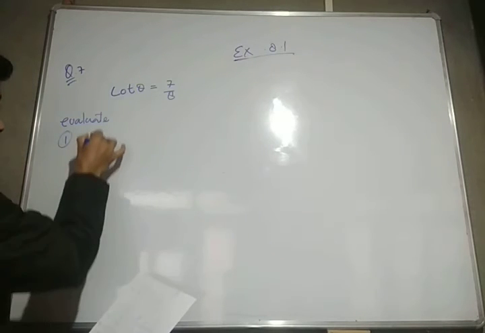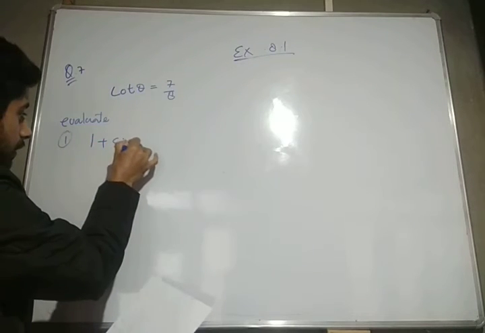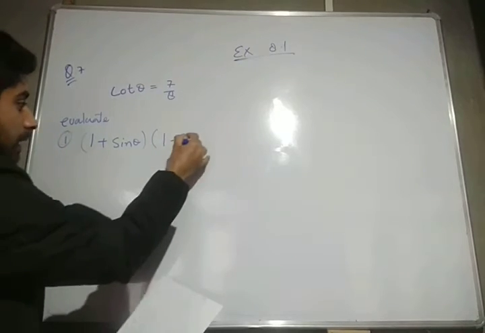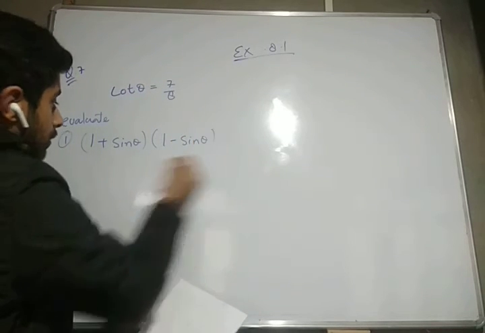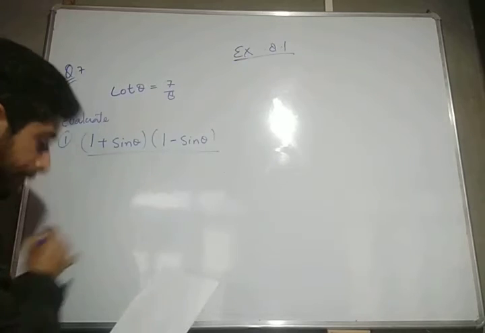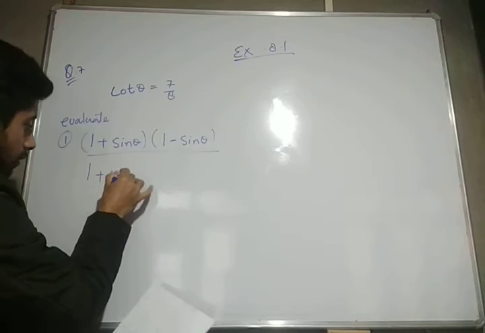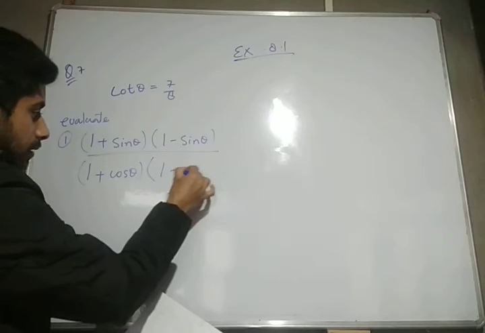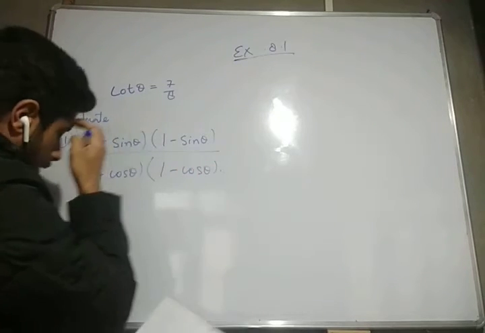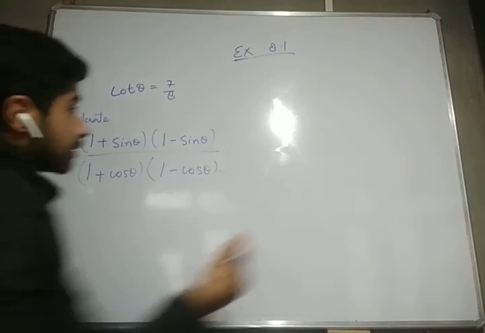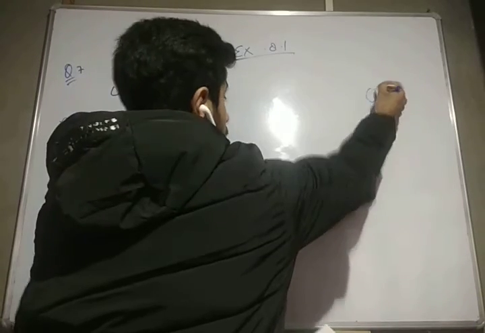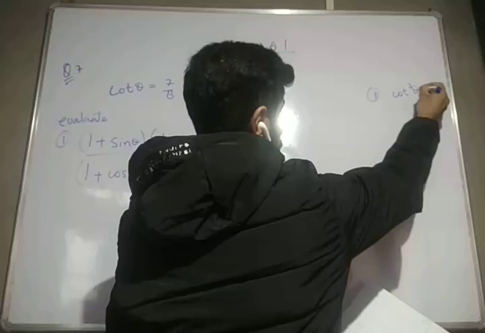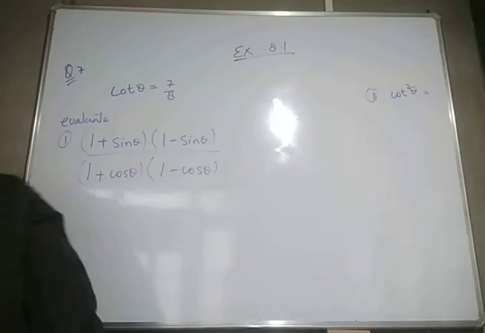First part is (1 plus sine of theta) multiplied by (1 minus sine of theta), divided by (1 plus cos of theta) multiplied by (1 minus cos of theta). And the second part is cot square theta. We have to get this.